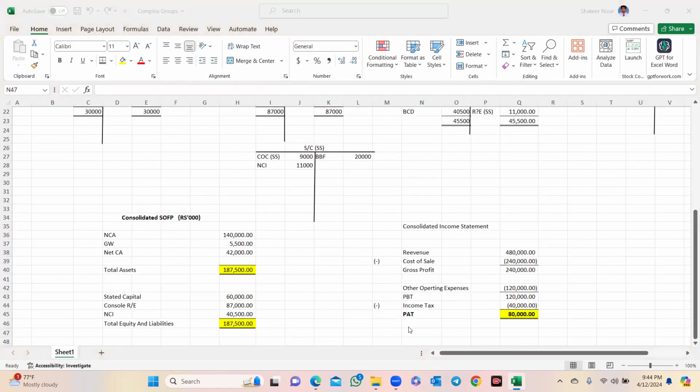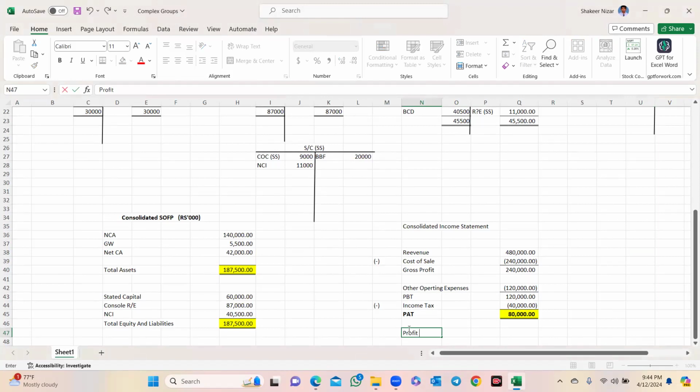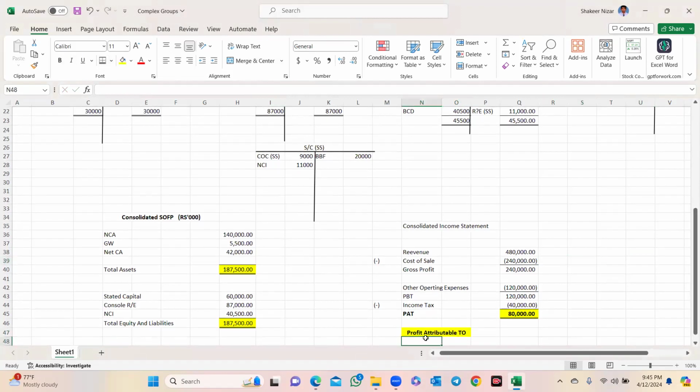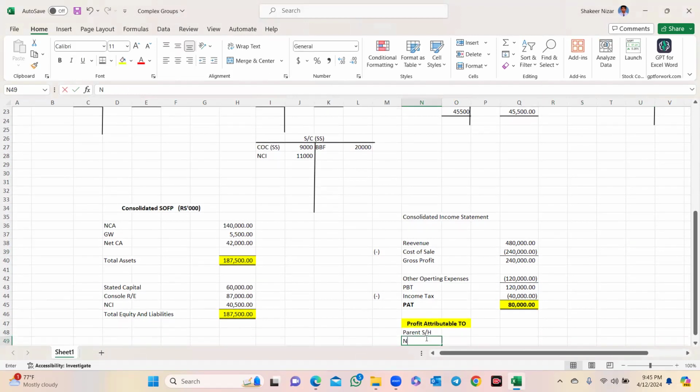Profit attributable to parent shareholders and the NCI.